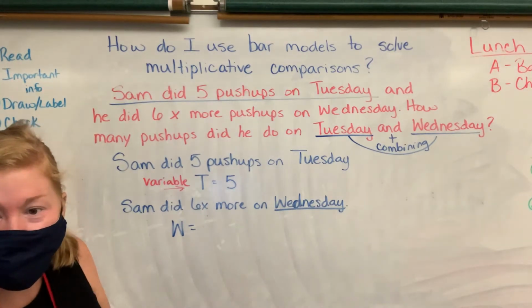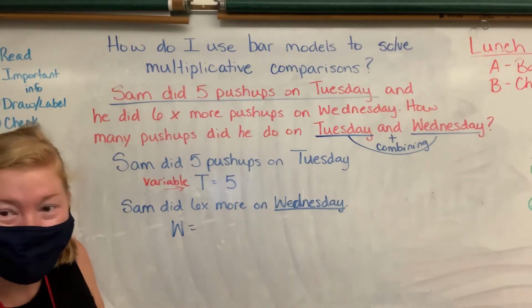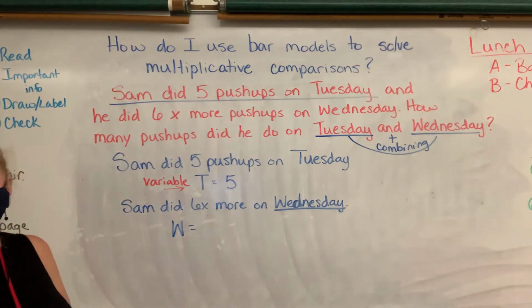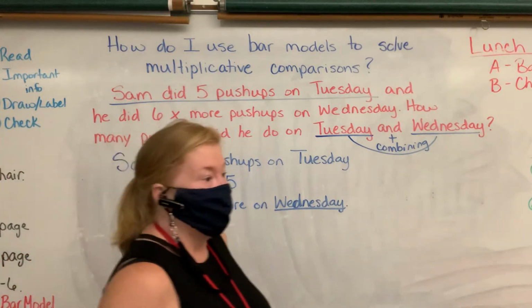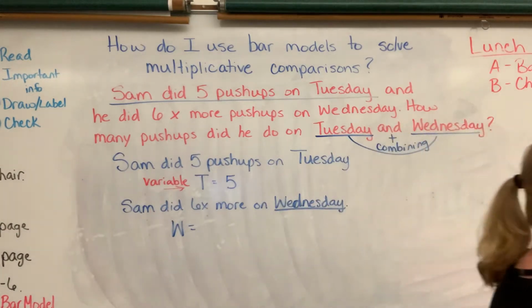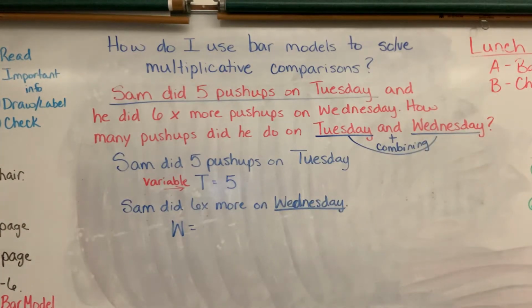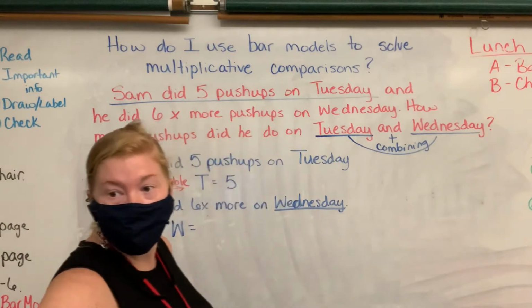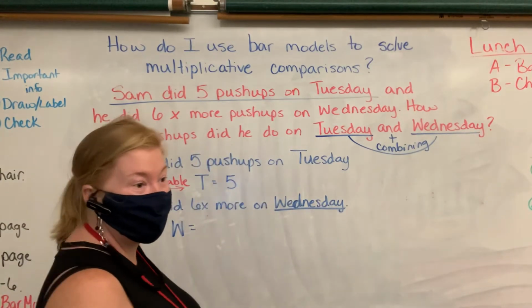Miss Todd's class, you guys have that conversation for a moment. I'm going to talk with my kids about what Wednesday could equal. If I wanted to write it as a math sentence, is it going to equal 6? What could Wednesday equal? Yes, sir.